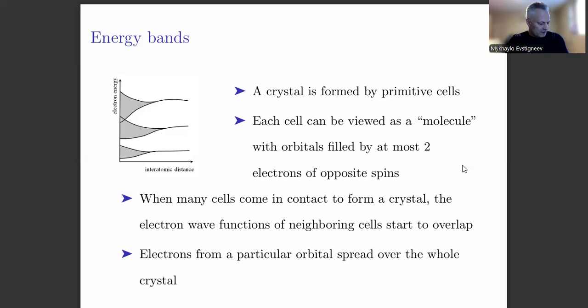Now, what if the basis of your crystal lattice is not a single atom? What if it is two or three, an arbitrary number of atoms, but not very big?